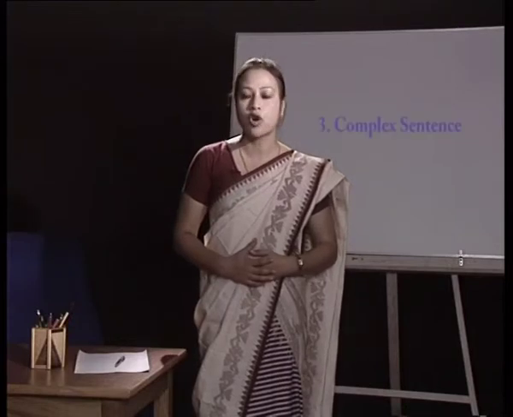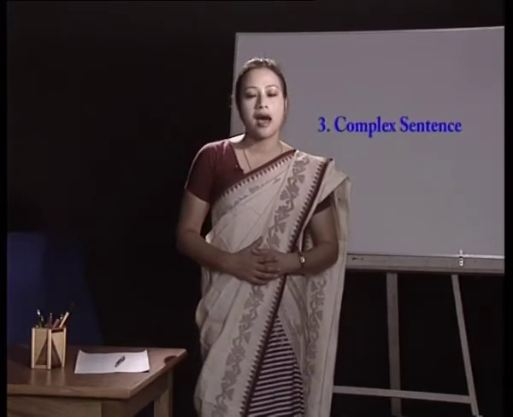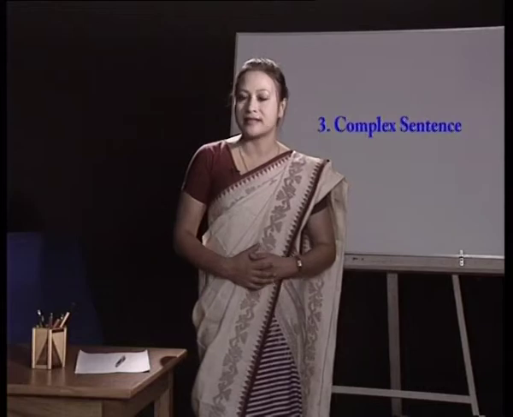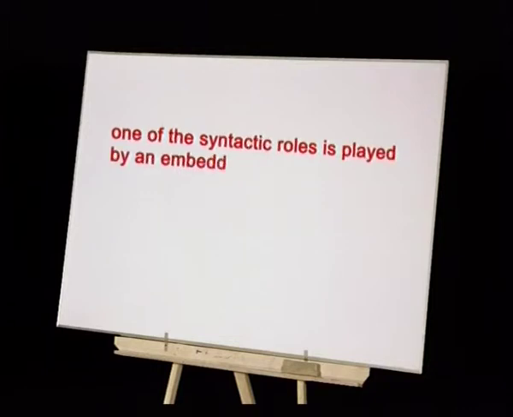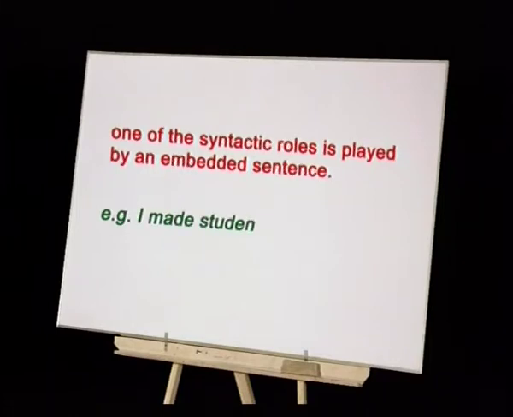Third is complex sentence. A complex sentence is a sentence in which one of the syntactic roles is played by an embedded sentence. As an example, I made students read Chomsky.